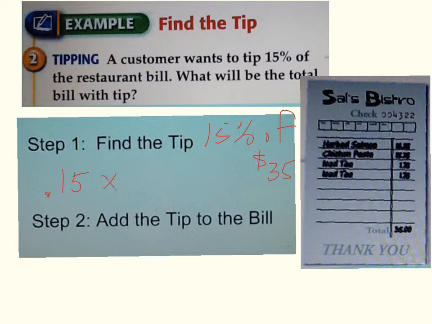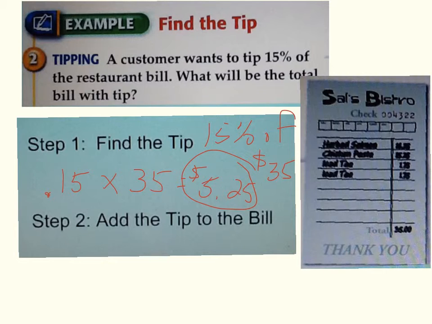Of is another term for multiplication, and we'll write down our $35. When we multiply those out, 15 hundredths times 35, we end up with $5.25. So this $5.25 represents the amount of the tip that we're going to pay.